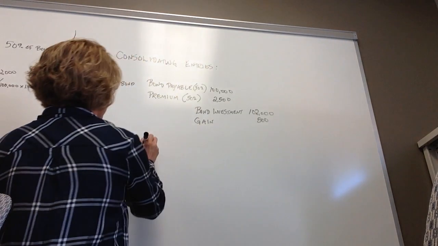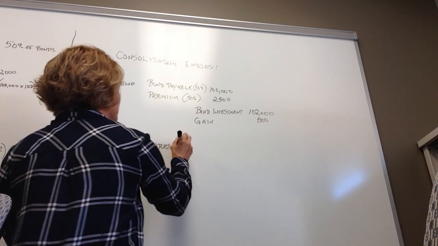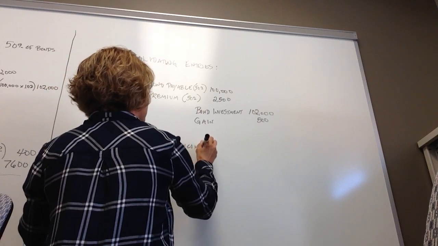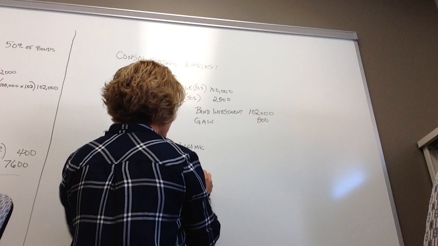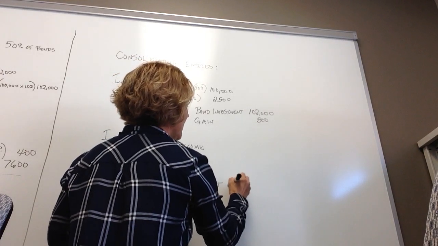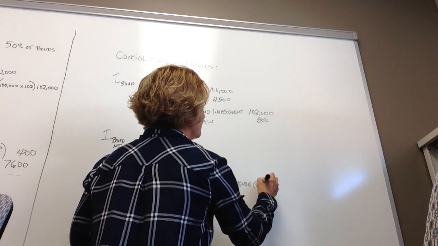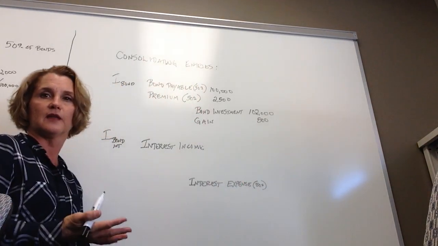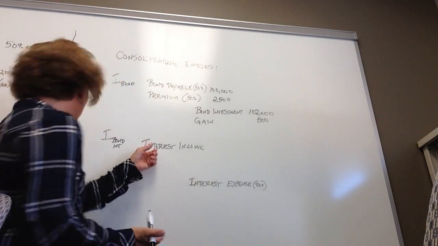So to eliminate our interest income, I need to debit it. And then I'm going to leave some space. Then to eliminate my interest expense, I'm going to credit it. But again, my interest expense is going to be at 50% because only 50% of the bonds were bought by the sub. But the whole interest income will be eliminated.